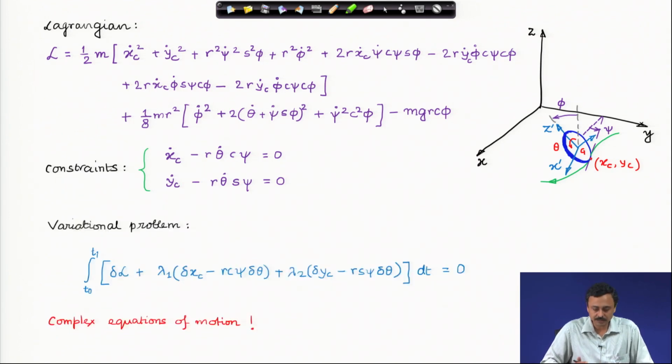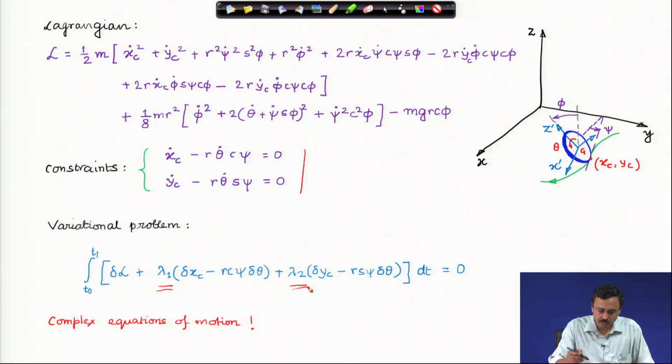The variational problem has the constraints introduced using Lagrange multipliers. We have two constraints, therefore we have two Lagrange multipliers to push them into the variational statement, and this is our complete statement, from where we can derive the equations of motion, but they are extremely complex, as you can imagine.